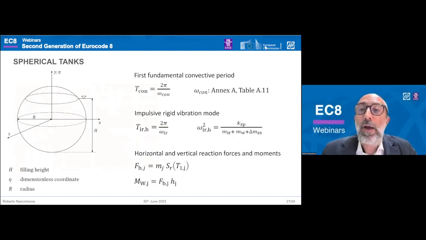Then, not present in the first generation code, the spherical tank, that we introduce with well-established literature on the topic, including the first fundamental convection period, impulsive rigid vibration, and horizontal and vertical reaction forces.